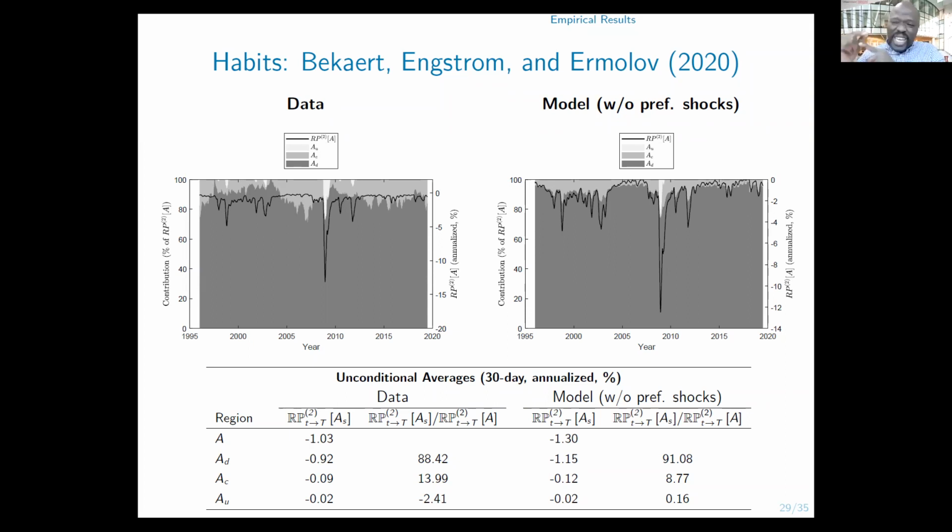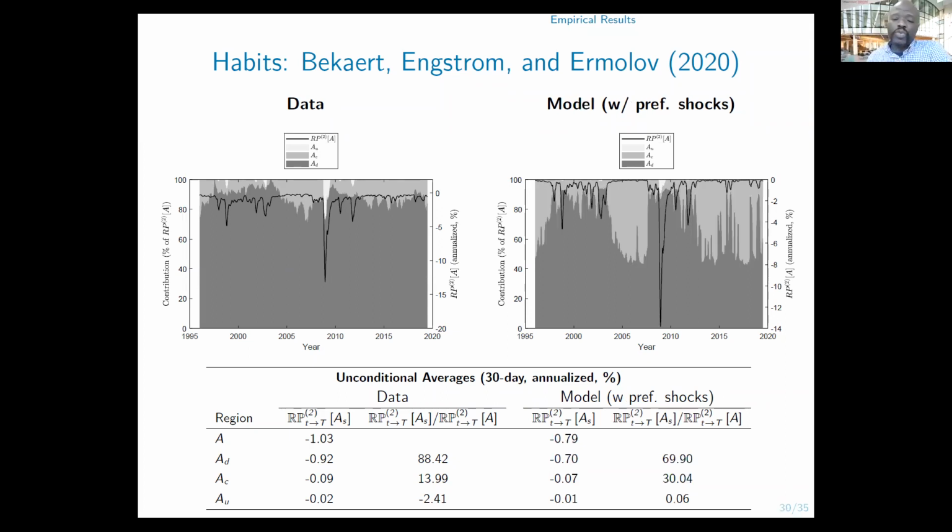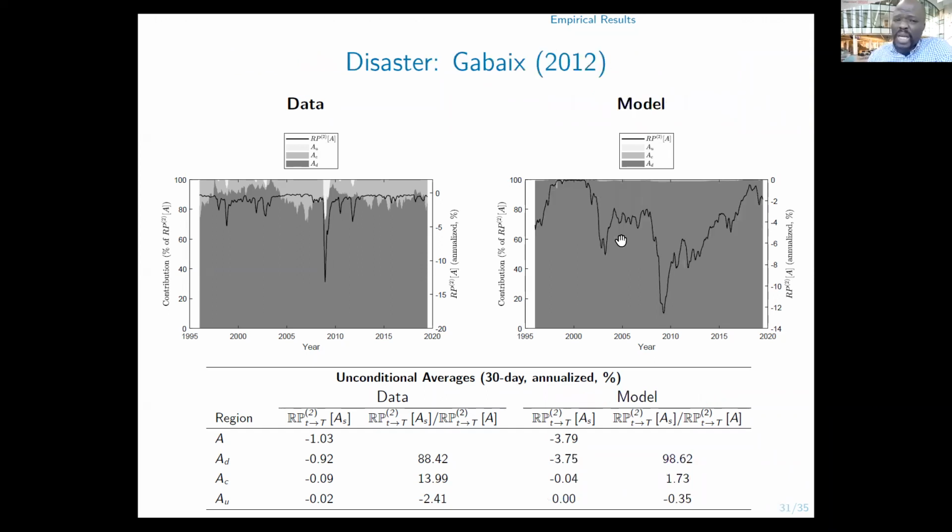The second model does the opposite. So this model with preference shocks, which explains equity risk premium and its decomposition better, has a hard time explaining the variance risk premium. There is a tension here. The left-hand side graph is completely different from the right-hand side graph.